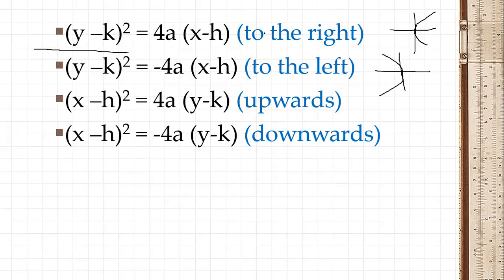The difference between the two is: if to the right, +4a, but to the left, -4a. And then (x minus h) squared is equal to 4a times (y minus k) if the opening of our parabola is upwards. Then -4a will be negative if the opening is downward.